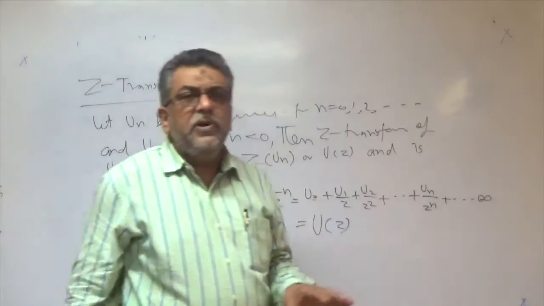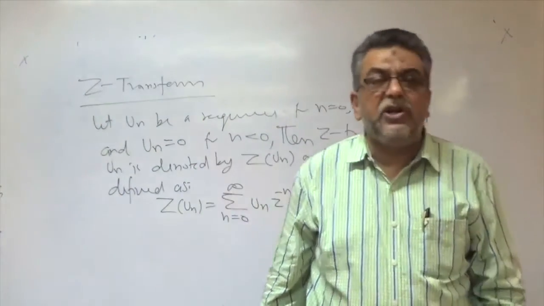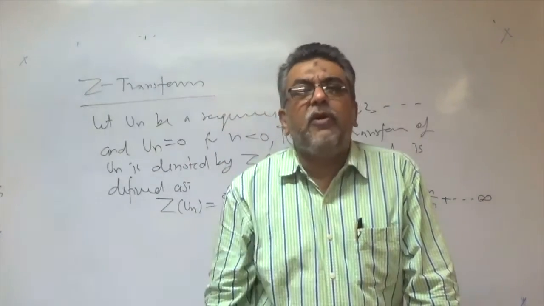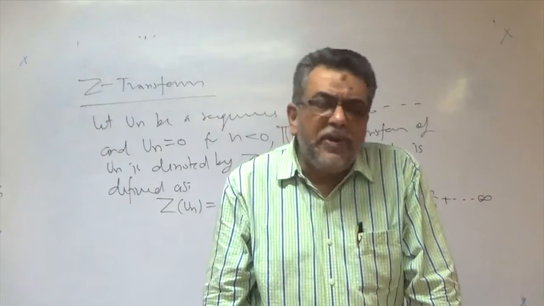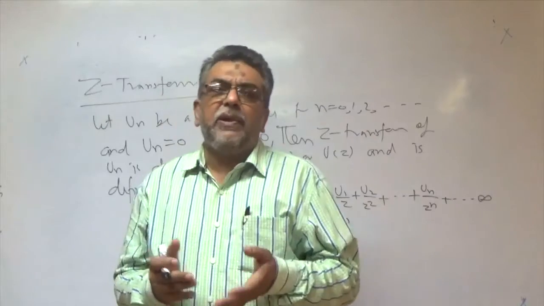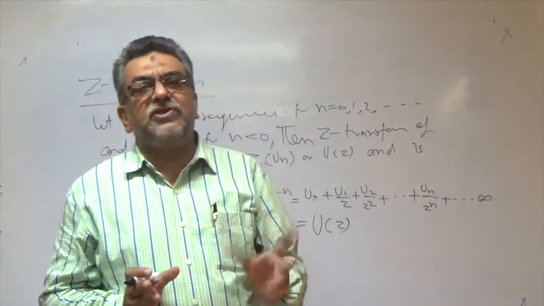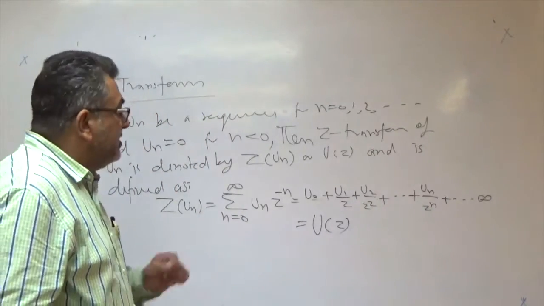You can sum up this series into a function of z by using standard series like the exponential series, binomial series, geometric series, and so on. By using those, you can sum up this series in the form of a function of z, and so this is U(z). So this is the basic concept of the sequence.